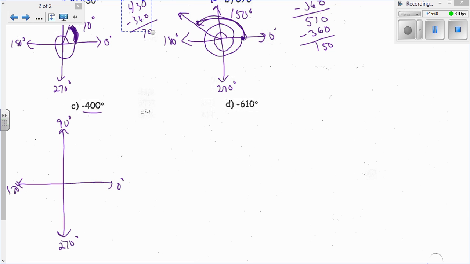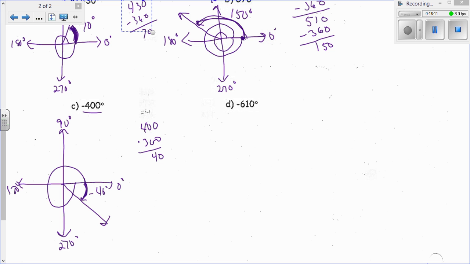So a negative 400, well, that means I have to go around once backwards. So I need to figure out how much further I have to go. So 400 minus 360 is 40. So that means I have to go another 40 degrees till my angle ends, which means I'll be in quadrant 4. And that's a negative 40 degrees.